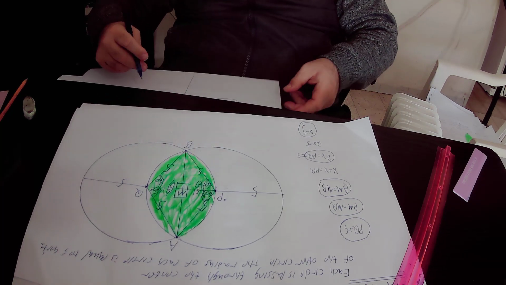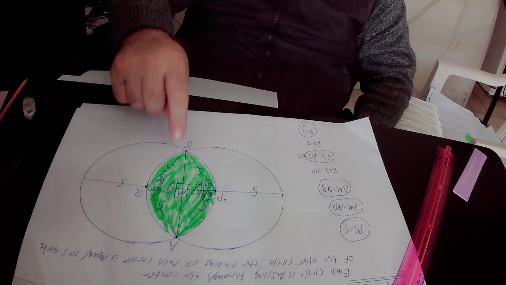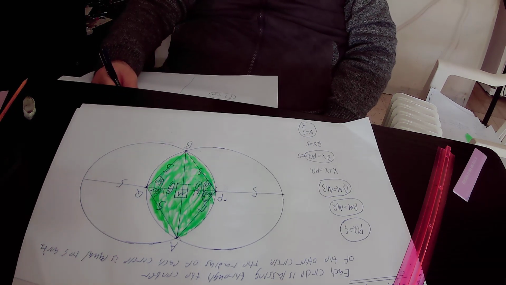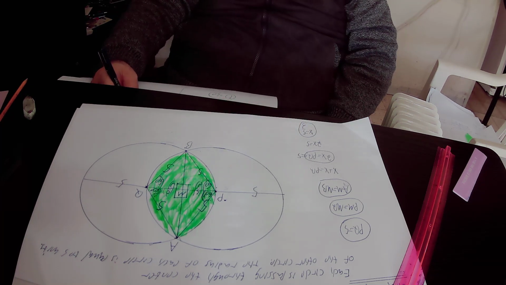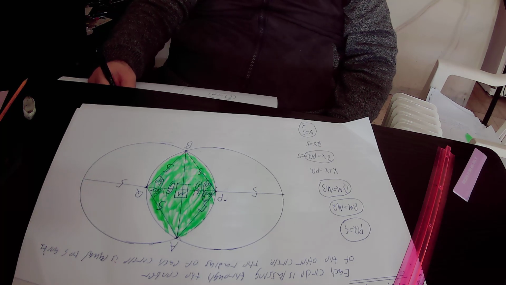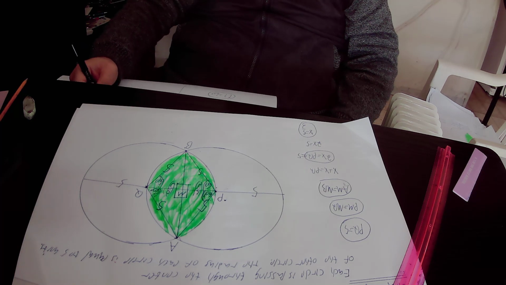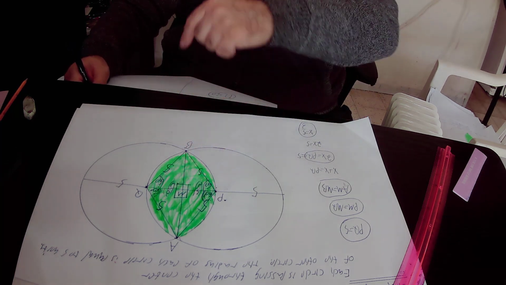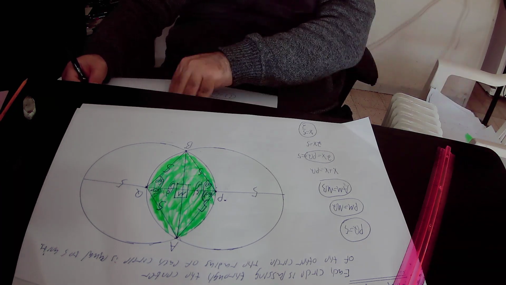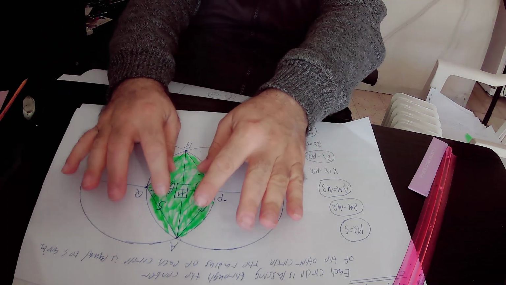In the next step, we will prove that triangle APB is congruent to triangle AQB. I will write it down. Triangle APB is congruent to triangle AQB. So, why can those two triangles go into each other?